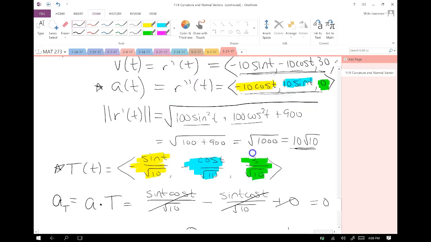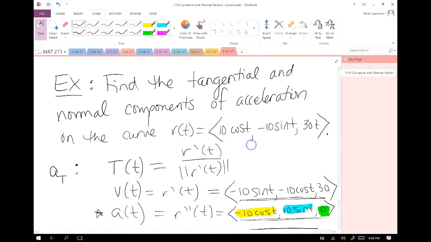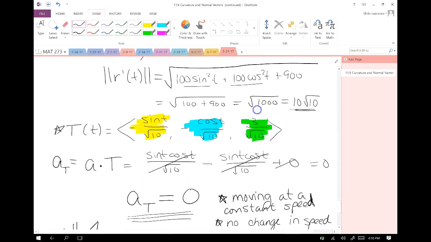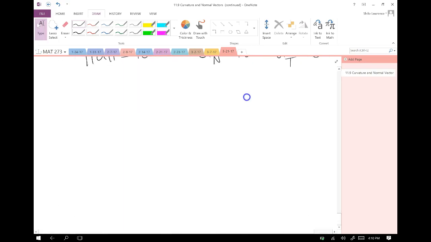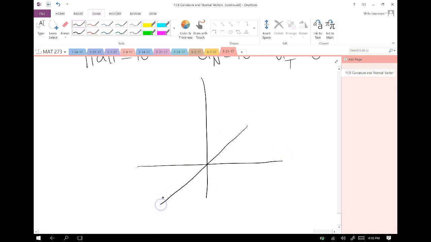This curve, if you were to graph it in the xy plane, we've got a circle of radius 10. It's starting on the x-axis, but because the y component is a negative 10 sine t, that's going to have us moving clockwise. The z component is 30t, and that's going to have us moving really quickly up the z-axis. So if you look at this graph, it's going to start out 10 units on our x-axis, and it's going to move up very fast.